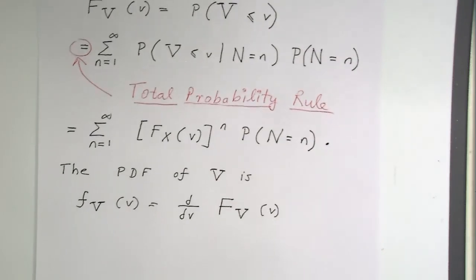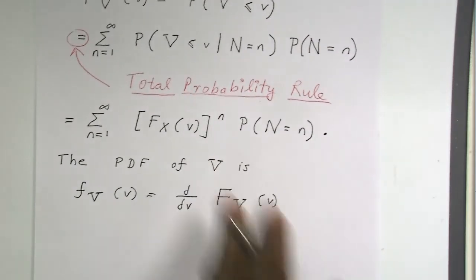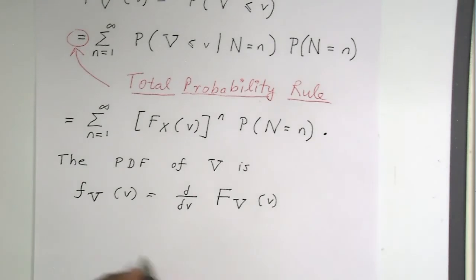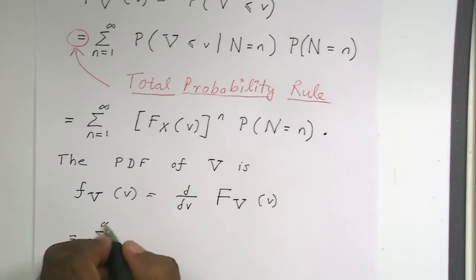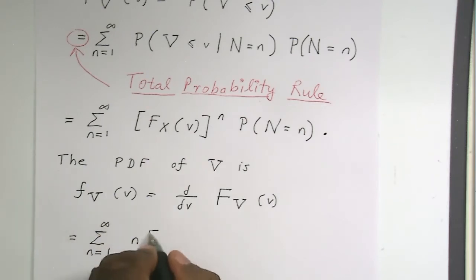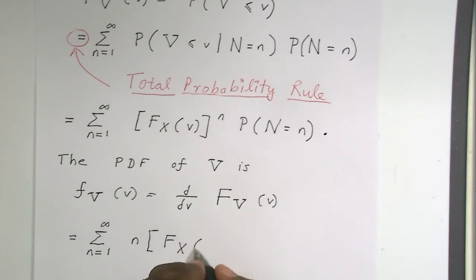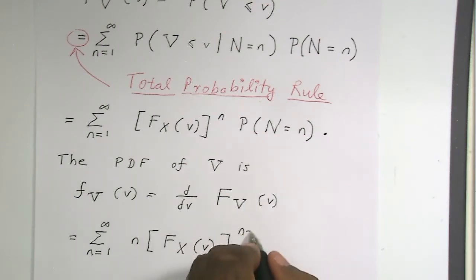All you need to do is differentiate this with respect to V. You will get the sum from 1 to infinity of n, n minus 1.